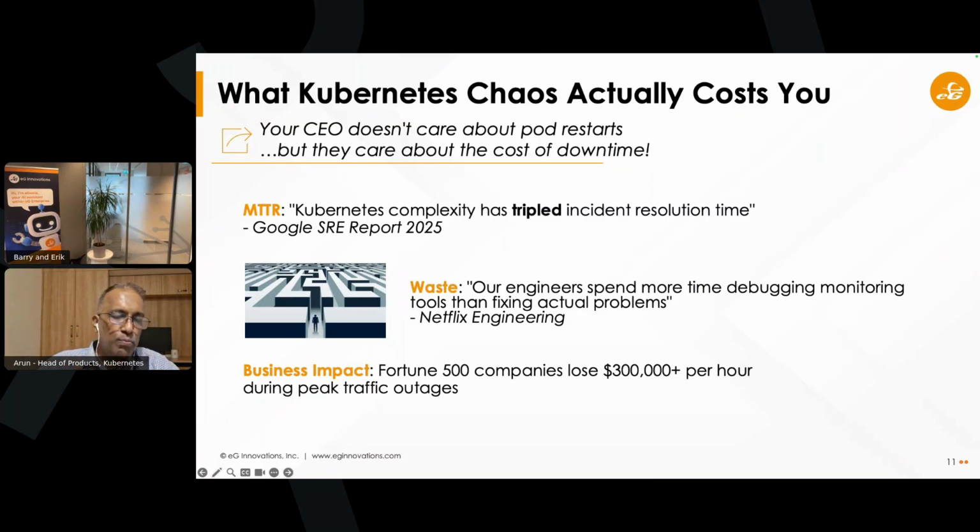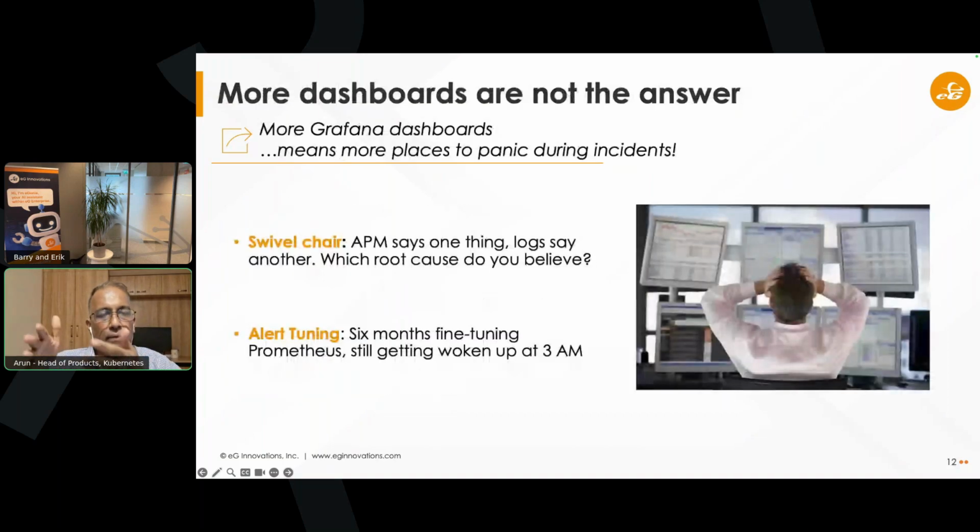So let's move on to the next part of it, which is we've looked at the chaos because of dynamic pod restarts. We've looked at the dependencies. We looked at noisy alerts, and therefore there's a cost to the business. And typically, what happens is IT teams might rush and say there is a dashboard for that.